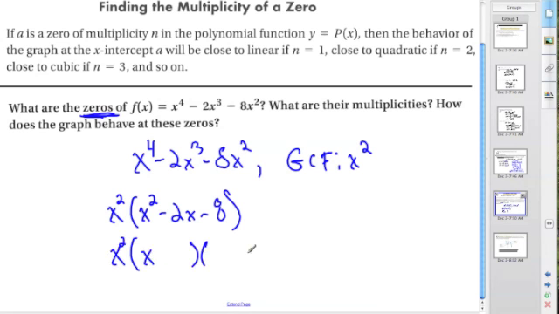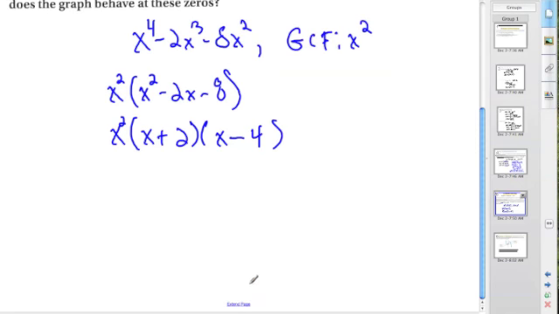I need 2 numbers that multiply to -8 and add up to -2. So it's 4 and 2. I need -2, so it's plus 2 and minus 4. And my zeros come from x squared equals 0, x plus 2 equals 0, x minus 4 equals 0.